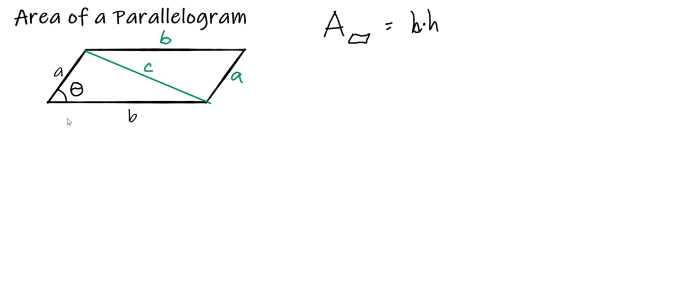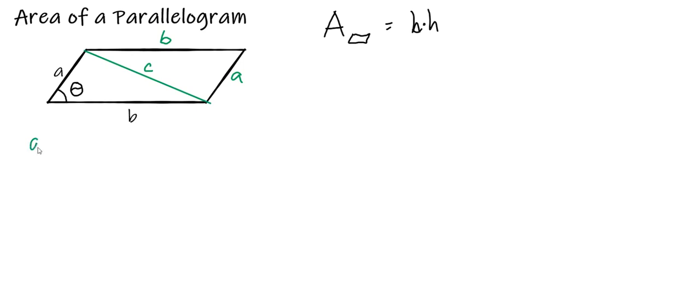Now in this case, we have two triangles that have three sides congruent, remembering that by the reflexive property of congruence, side C is congruent to itself.